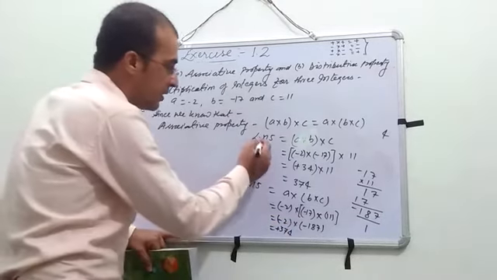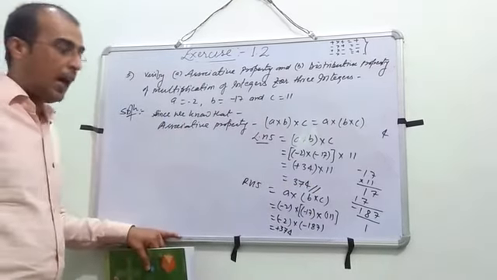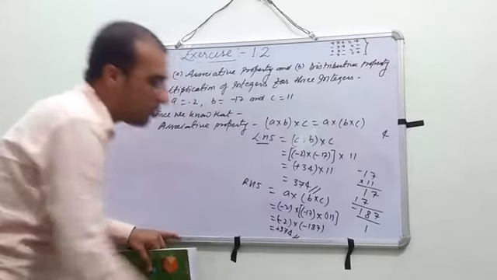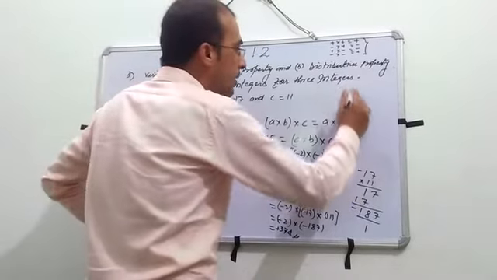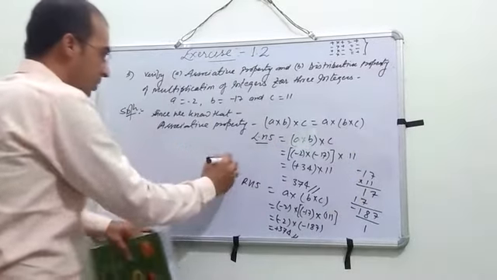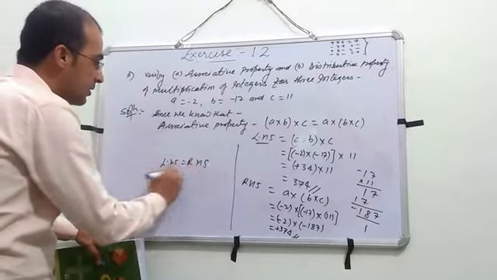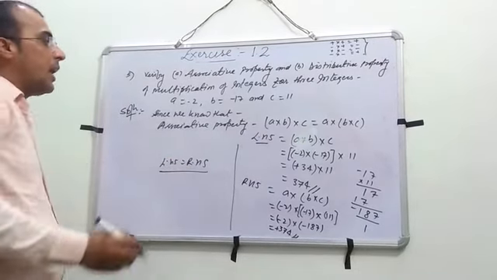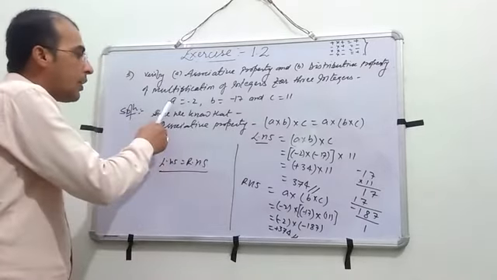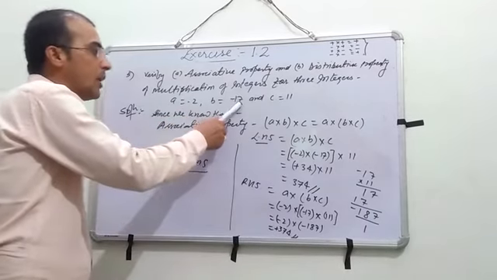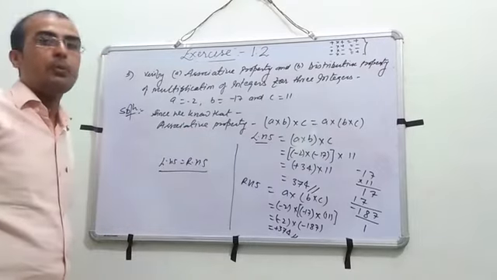Then we can see LHS equal to 374. And what is RHS? RHS is also equal to 374. So what can you say? You can say here LHS equal to RHS. It means that the associative property is true for A equal to -2, B equal to -17 and C equal to 11. Associative property is true.